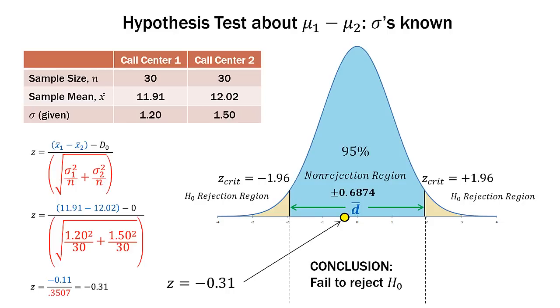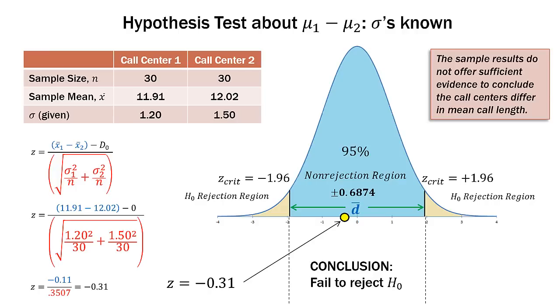These sample means are 0.11 minutes apart. So they're like 6 seconds apart. So we would not expect these to be significantly different from each other. More specifically, we would expect these differences to not be significantly different than a difference of 0, which is what we were testing in this test.